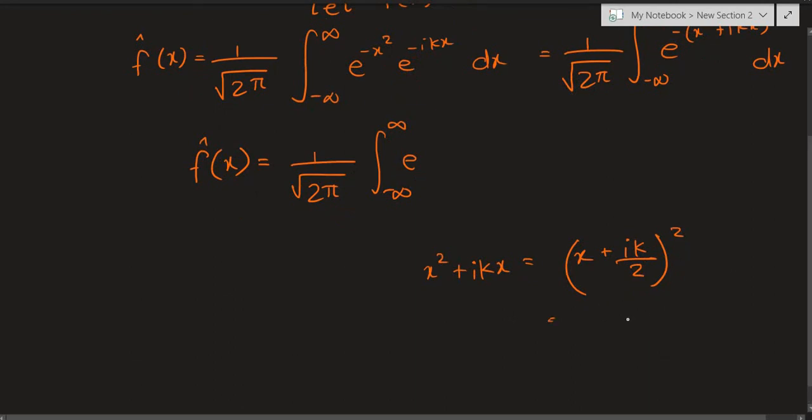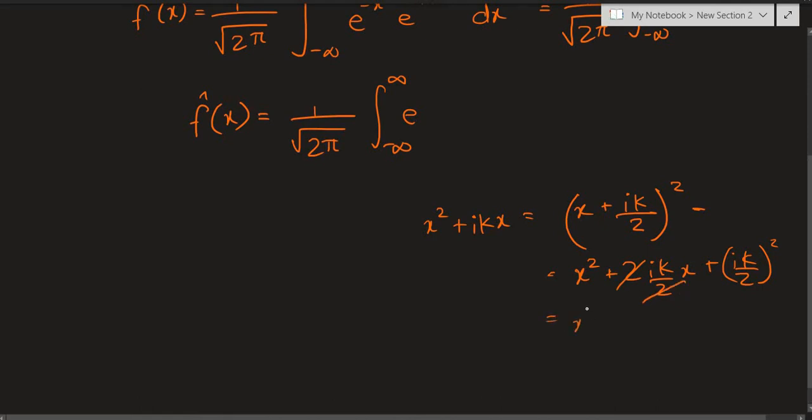So let's first write this properly. There will be another factor actually to compensate for a constant that we get, so let's find that out. So we have x squared plus 2 times ik over 2 times x plus this thing squared, so ik over 2, the whole thing squared.